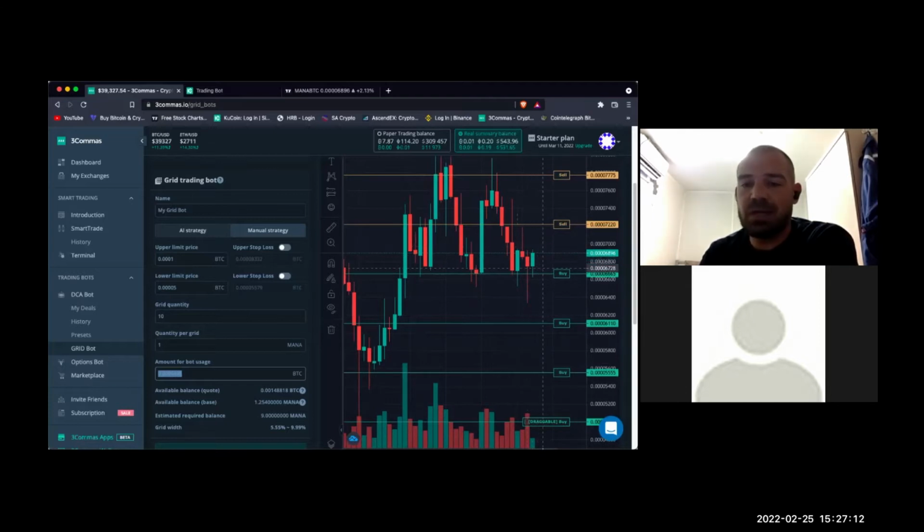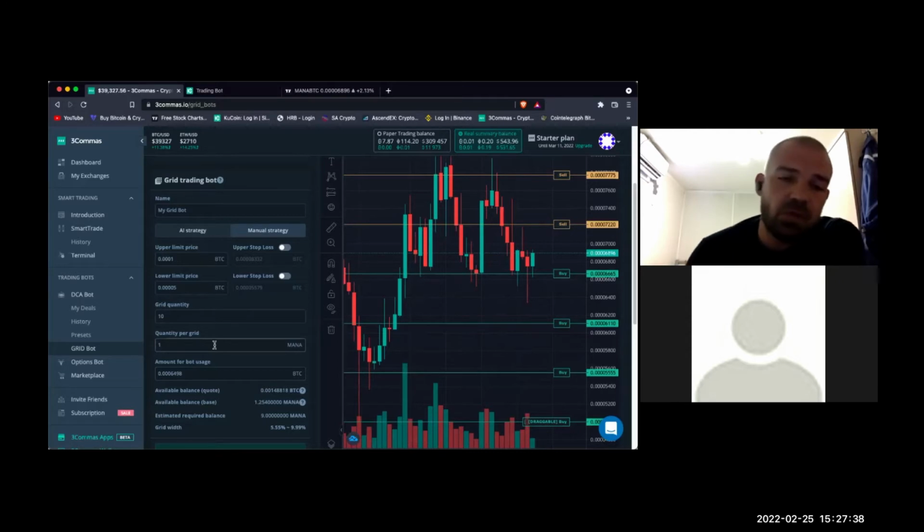If the price dumps, you will buy more Mana. If the price carries on and dumps to here, it will buy again. As soon as this line is hit, this will become a sell line, so if the price rebounds and goes back, it already starts selling here instead of waiting for it to get there to sell. So that's how the lines work.